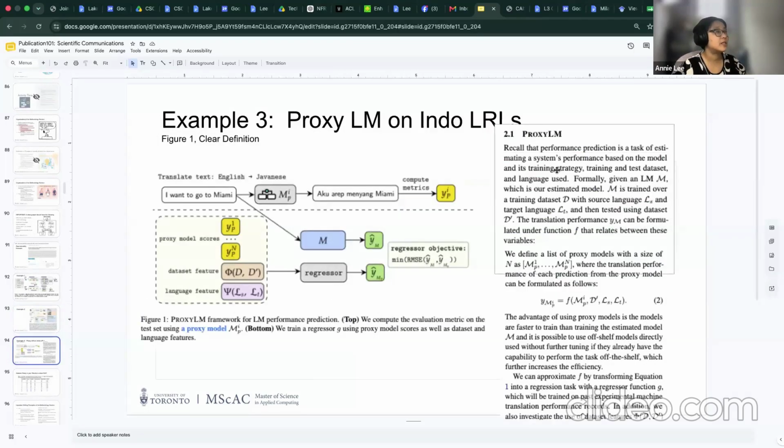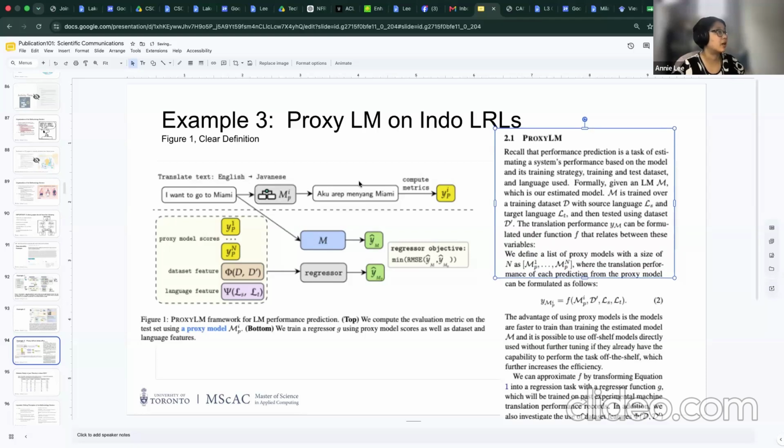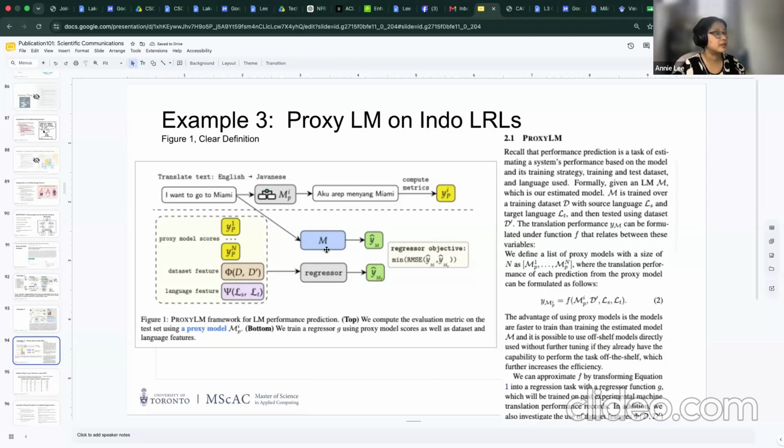We also have ProxyLM, which was cited by a keynote speaker at a conference. And so you can see that the equations are defined. And then you can see that actually one of the reviewers complained about one of our equations because we didn't cite the original paper properly.